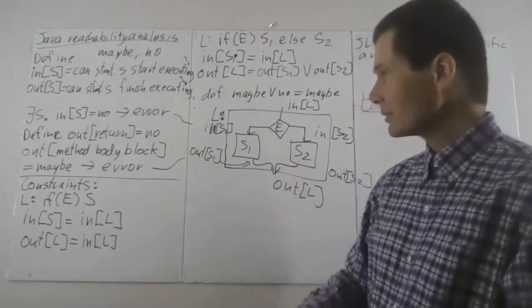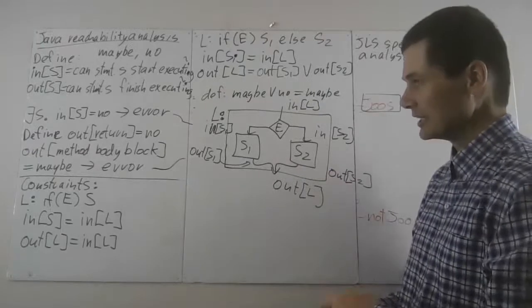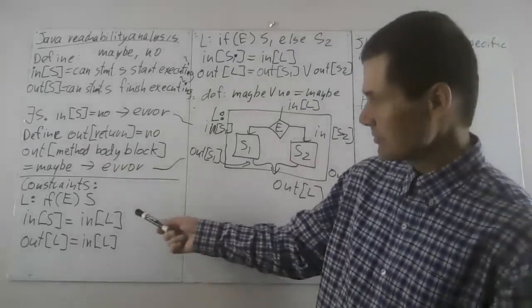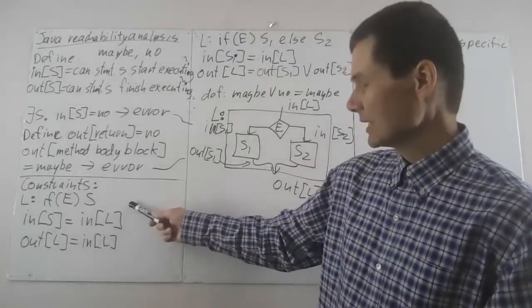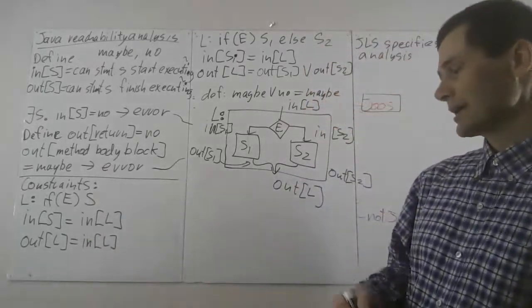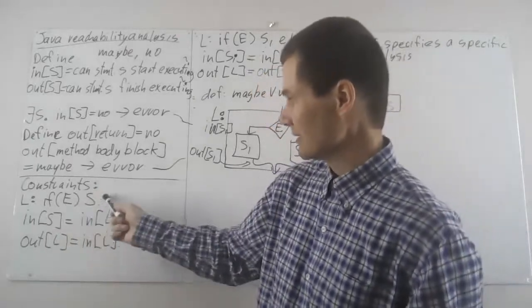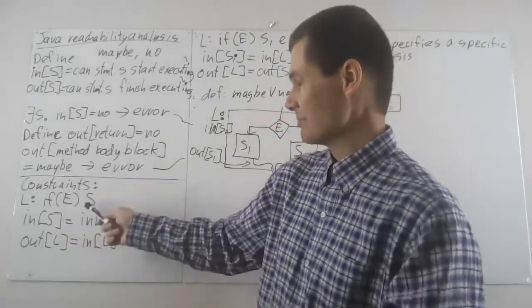All right, and so we looked at if statements, and the general thing that we do for each kind of statement is encode the analysis in equations that compute in of the sub-statements of a statement.